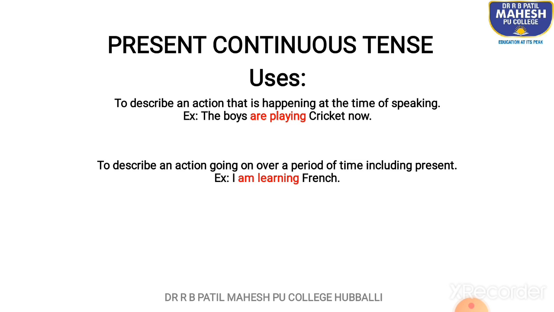That means these days as well, I am learning French these days. This example clarifies the use of this form, present continuous tense. We are talking about something which is happening even at the present times. So I am learning French here is in the present continuous tense.